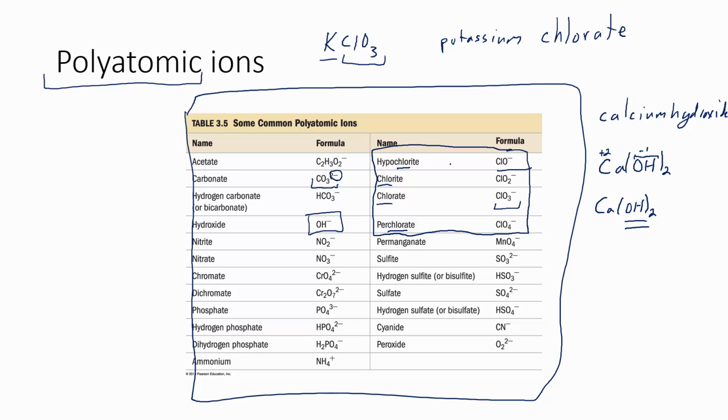Now, what I wanted to point out specifically about this series is we want you to not only memorize the chlorine-containing ones, but to know that the halogens all will do the same thing, have the same sequence. So fluorine, chlorine, bromine, and iodine will all have a series of 4 oxygen-containing species and be named in the same format.